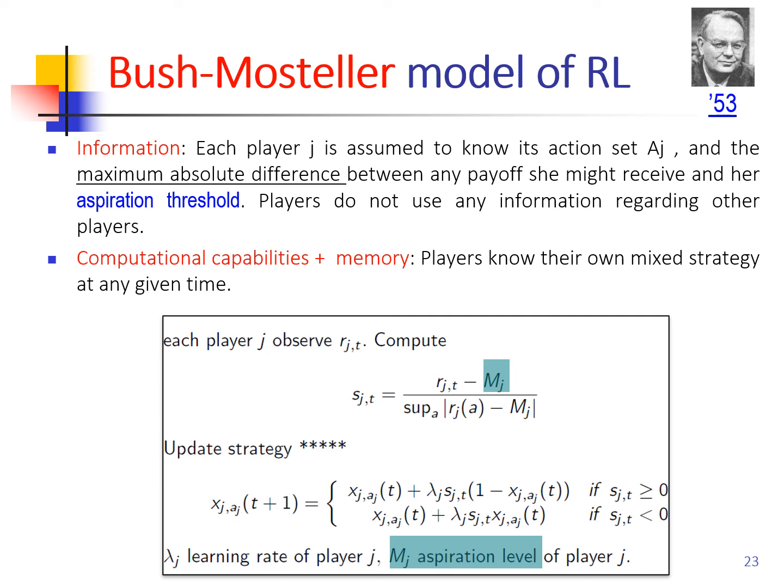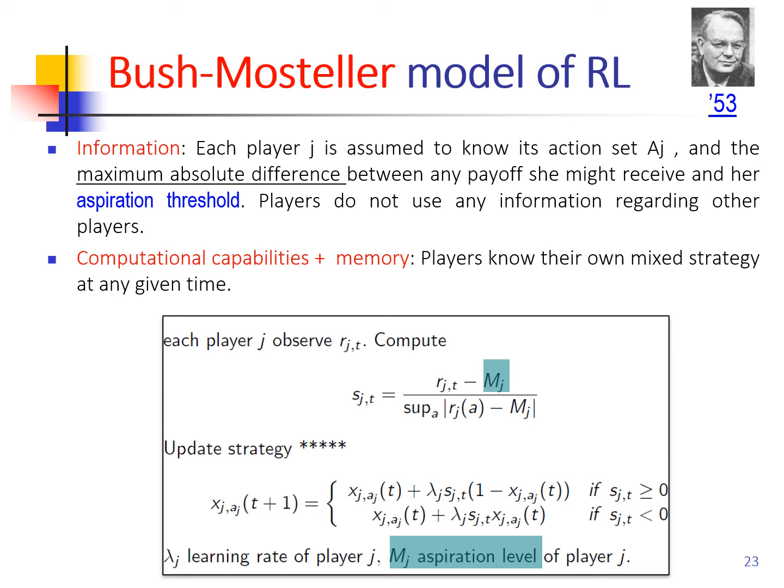That he observes at every time t, minus M_j. So M_j here is the aspiration level, call it the threshold reward. Then you normalize it here by the supremum, because remember we're interested in the maximum absolute difference. And this gives you this s_j(t), which could be seen as the stimulus for the strategy.